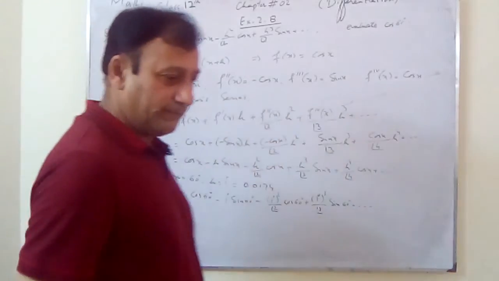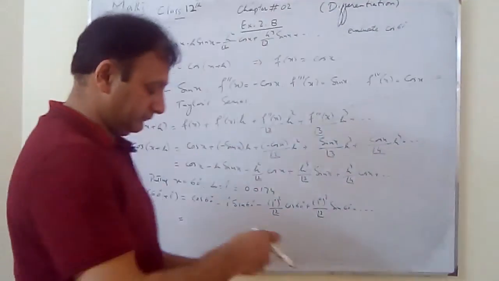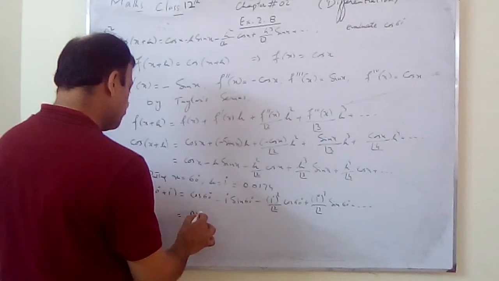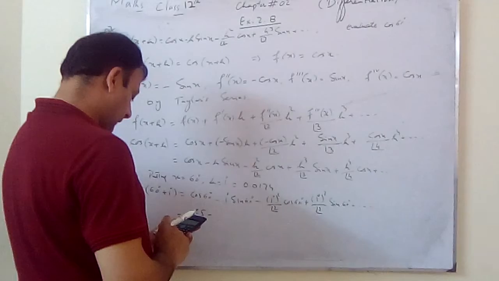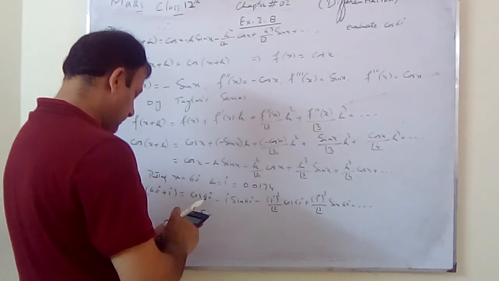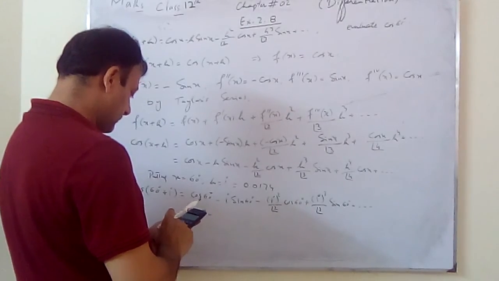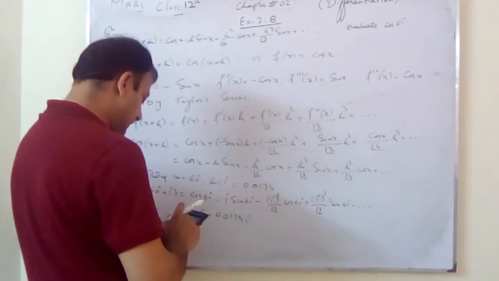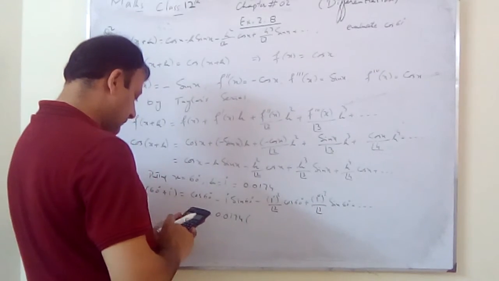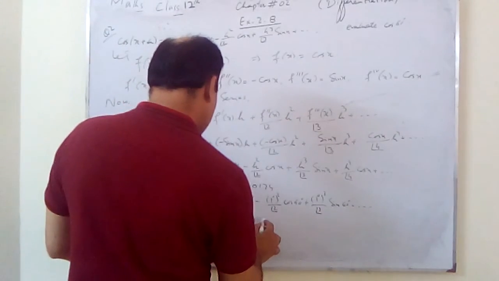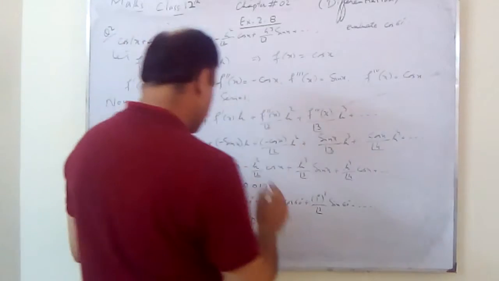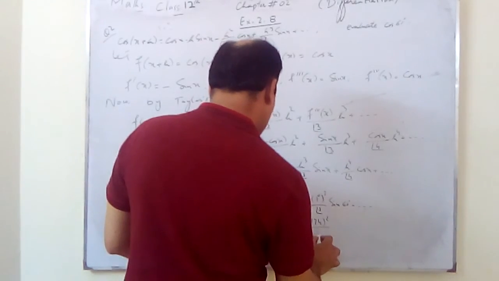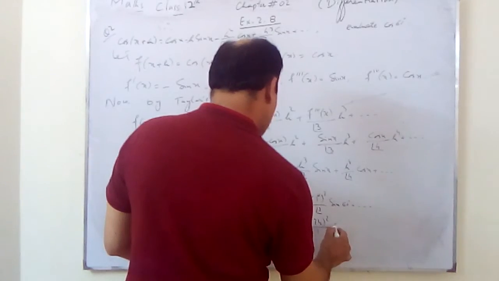Cos 60 value is 0.5. So 0.5 minus, 1 degree is 0.0174, and sin 60 is 0.866, minus 0.0174 whole square divided by 2 into cos 60, which means 0.5.